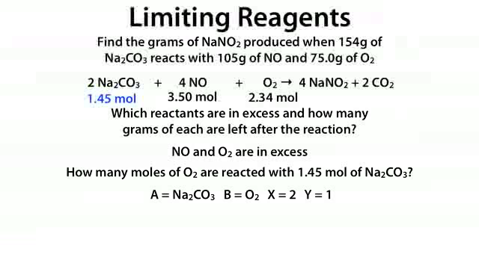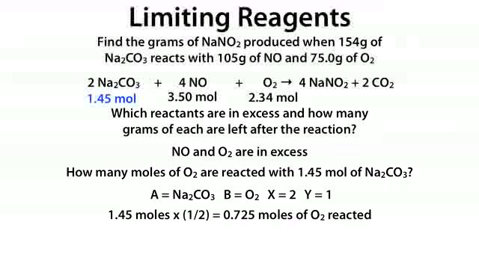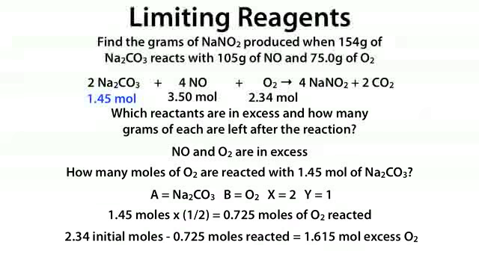So to find out how many moles are reacted, we multiply 1.45 by 1 over 2 to give 0.725 moles of O2 reacted. And in order to find out how many moles in excess, we subtract our 0.725 moles reacted from our 2.34 initial moles of O2 to give 1.615 moles of O2 in excess.